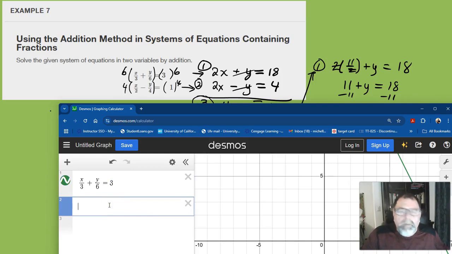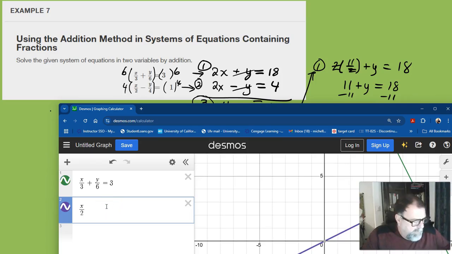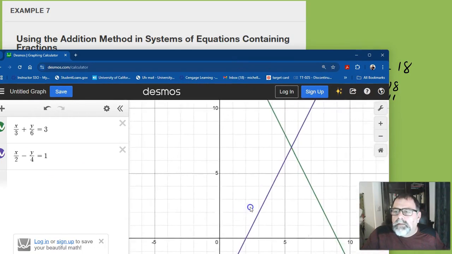And then we got x over 2 minus y over 4 equals 1. And let's see where they intersect.